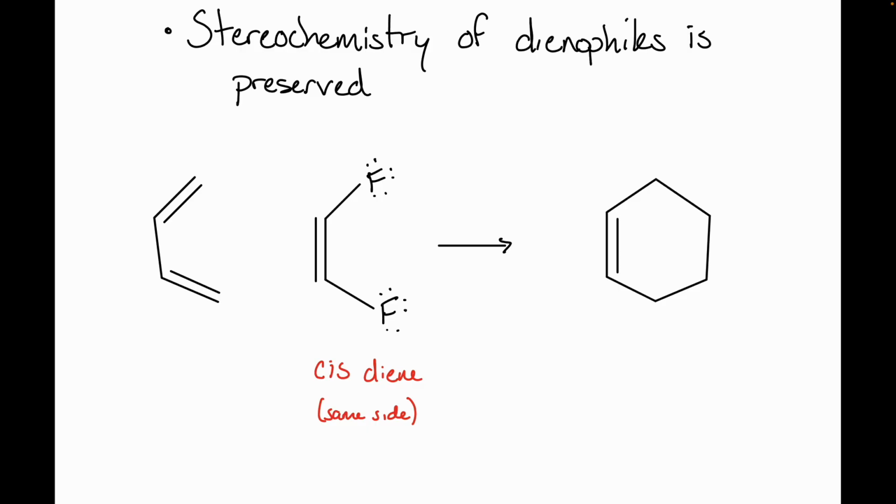All right, so which way are these two fluorines going to be pointed on my product? If they start out on the same side in my dienophile, is what I meant, not diene, then we're going to get a cis ring, meaning that they're both pointed in the same direction, so either both on a dash or both on a wedge.